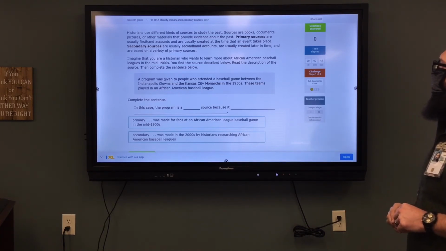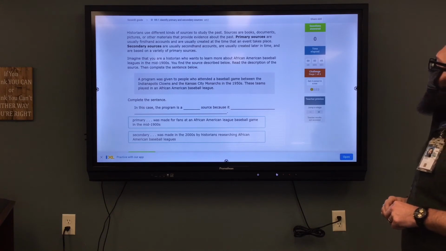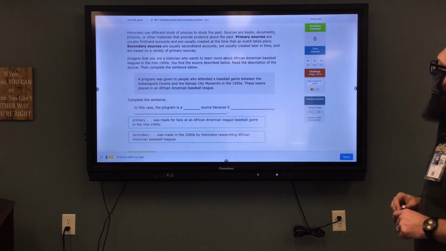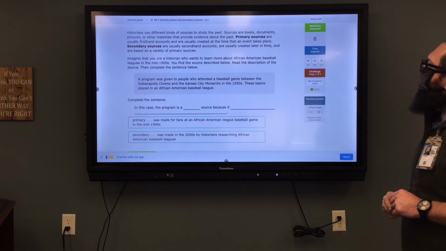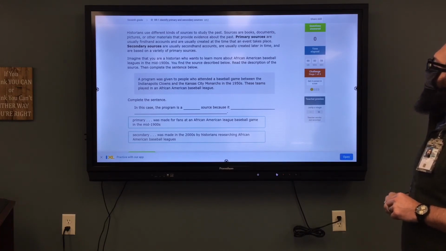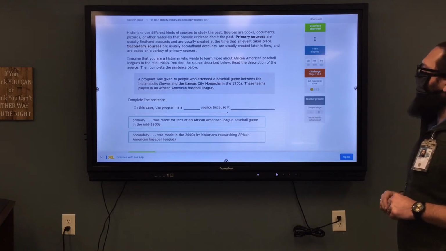Imagine that you are a historian who wants to learn more about African American baseball leagues in the mid 1900s. You find the source described below. Read the description of the source, then complete the sentence below.